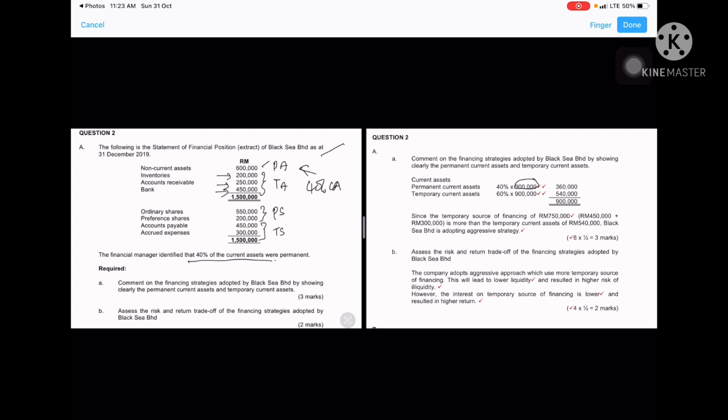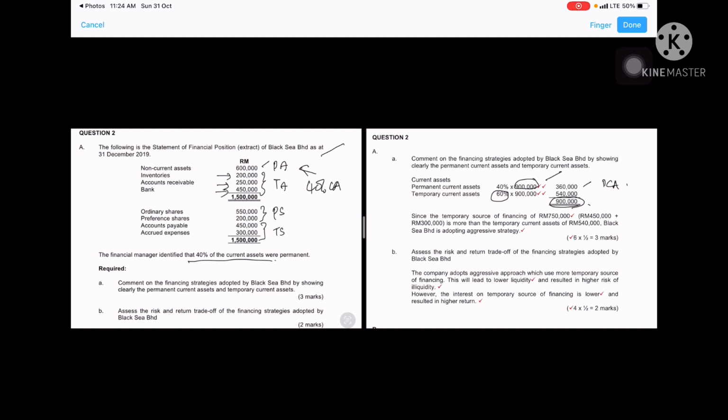So 40% of the 900,000 is 360,000, which is the permanent current asset. And the 60% falls under temporary current asset. So we divide the 900,000 into two.